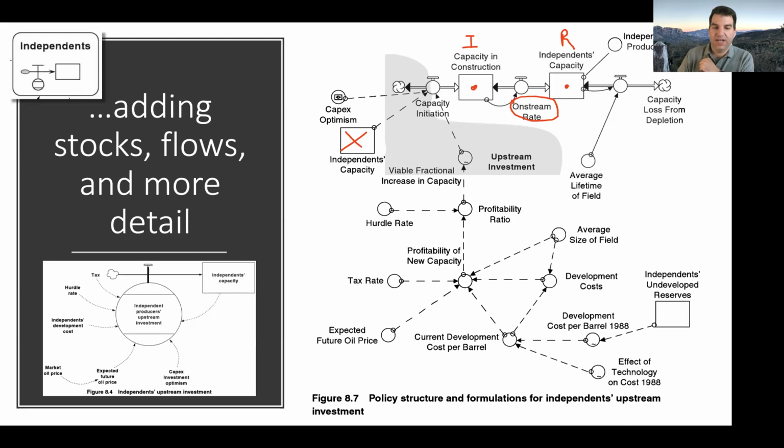And then all of those other things that I talked about on the previous graph, they just put those into formulas, which are captured by this coordinating network here, which ultimately calculates a profitability ratio: the profitability you expect to get from building new capacity divided by the profitability you need to justify building new capacity. If this profitability is higher than this hurdle rate, then you'll start building new capacity. That's what's going on here.